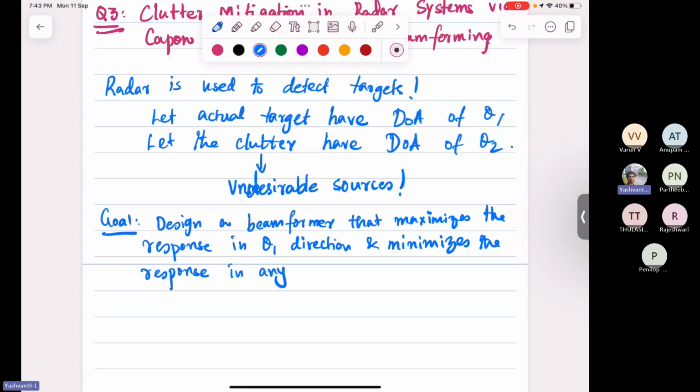I took particularly theta2, but the clutter is something random. It's something like noise. So you can't say that it is only in theta2 direction. It could be anywhere in the space, right? So in any other direction, I should minimize the response of the array, but I should maximize the response of the array in the desired direction where my actual target is located.